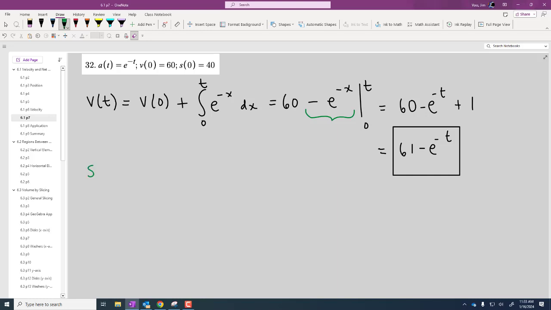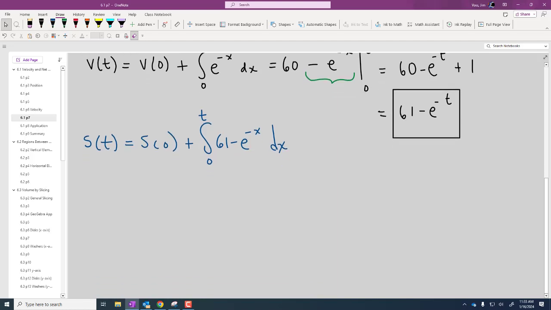And then the future position, s of t, will be the initial position, s of 0, plus the displacement. Displacement is the integral from 0 to t, and once again, we have to change the t to some other letter. I'll just be simple and pick an x.